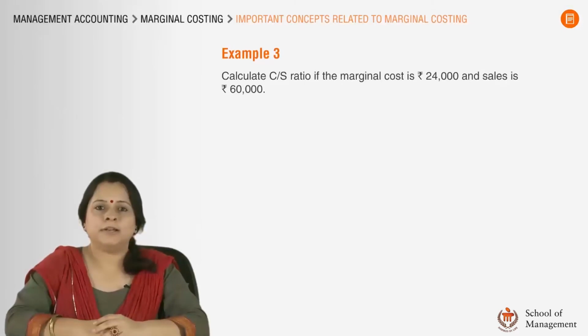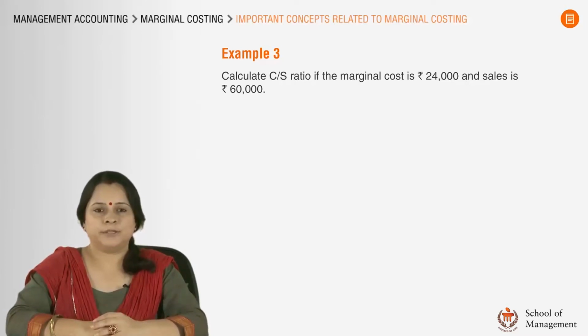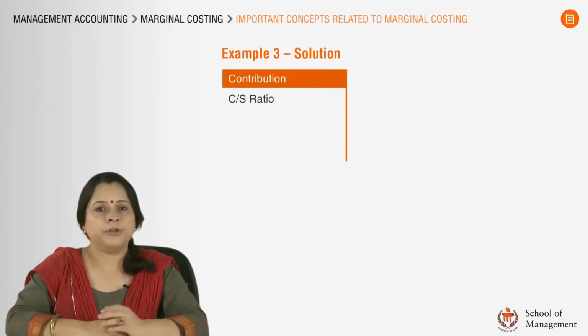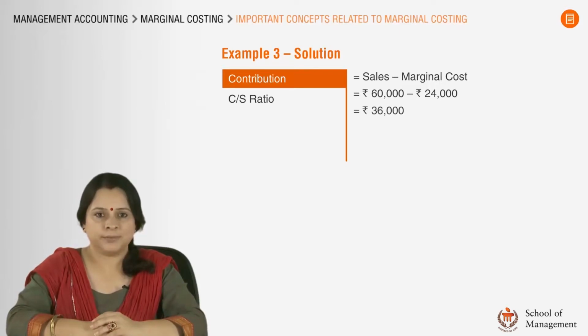Let's now try to calculate CS ratio if the marginal cost incurred by a company is 24,000 rupees and sales is 60,000 rupees. Now we know that marginal cost is the same as variable cost. So total variable cost of the firm is 24,000 rupees while its sales is 60,000. Therefore the contribution of the firm has to be 60,000 rupees minus 24,000, which is 36,000 rupees.